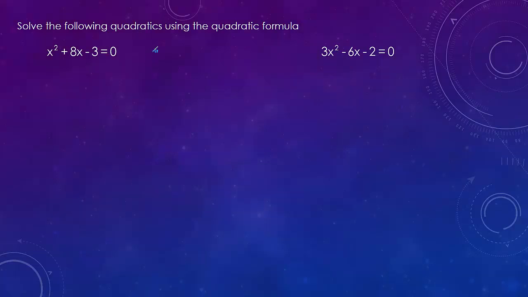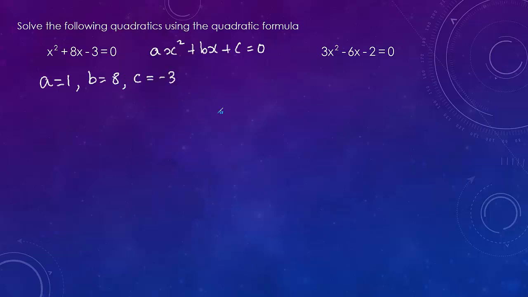So compare this with ax squared plus bx plus c is equal to 0. And I can see that a is equal to 1, the coefficient of x squared is 1, b is equal to 8, and c is equal to negative 3. Now substitute into the formula.